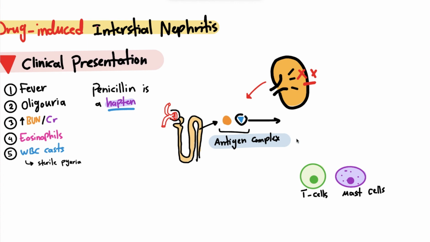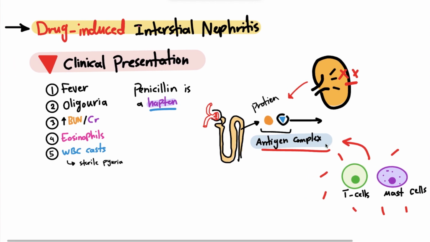This penicillin that the immune system is not seeing at all would go and bind to a protein. When it binds to a protein, it forms an antigen complex. When this happens, the immune system is activated and sees this as a foreign body, and then it would attack it. So a hapten is a small molecule that forms an antigen complex, and because of the antigen complex, the immune system is alert and it would attack it.